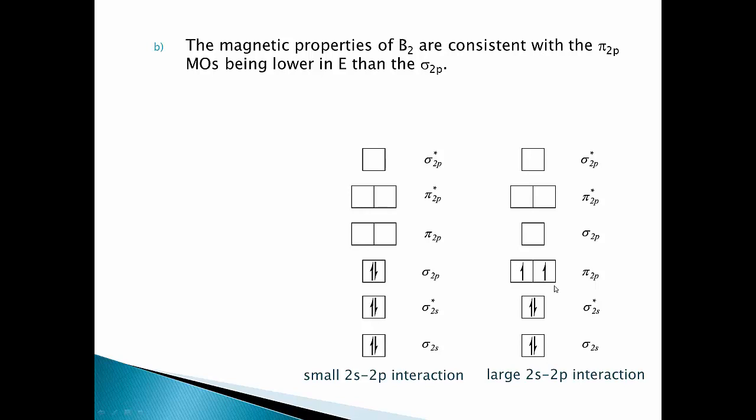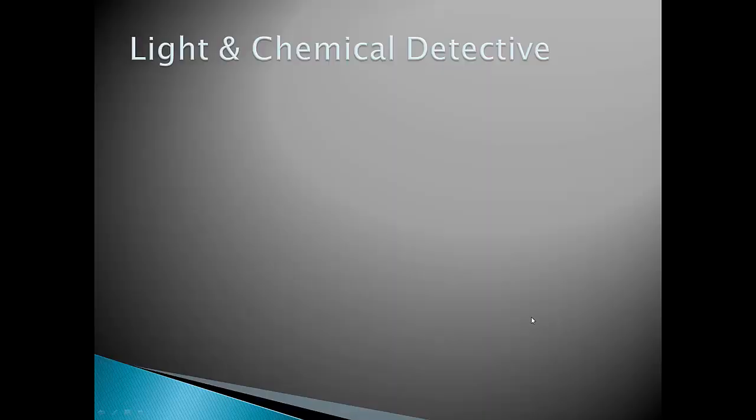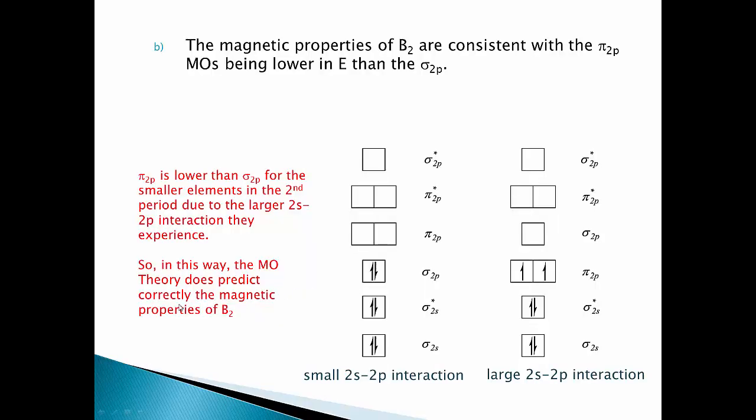So we know that B2 has the pi 2p being lower in energy rather than the sigma, and that would make it paramagnetic, because we have unpaired electrons.